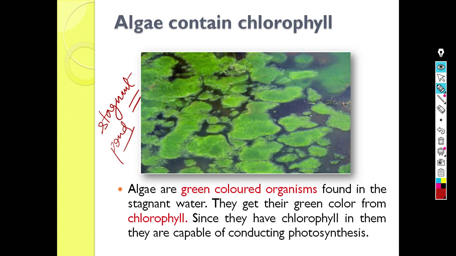You can see a green colored structure that gets developed. This green colored structure is called algae. And because it is green, it also contains chlorophyll. This green colored organism is found in stagnant water. They get green color from the chlorophyll only, and since they have chlorophyll, they are also capable of conducting photosynthesis.